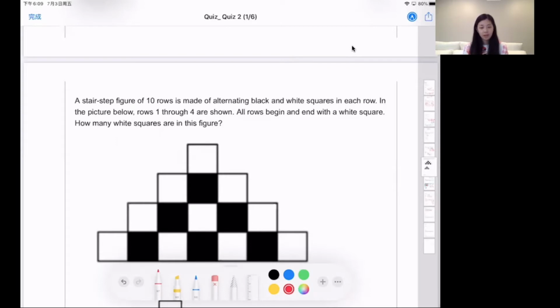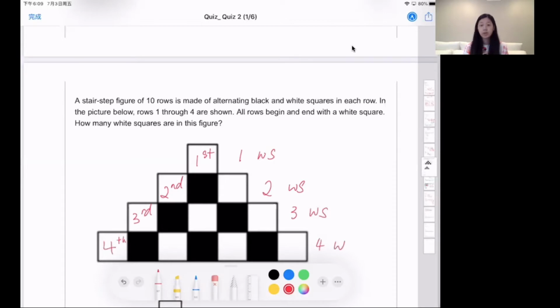Let's find the pattern first. In the first row, there's 1 white square. Second row, there are 2 white squares. Third, 3 white squares. Fourth, 4 white squares.